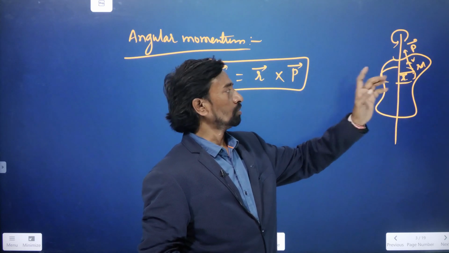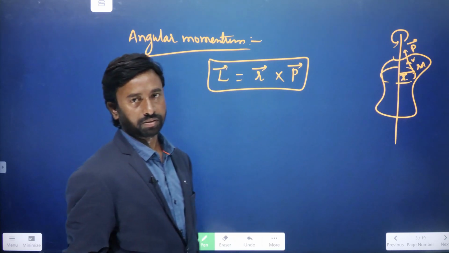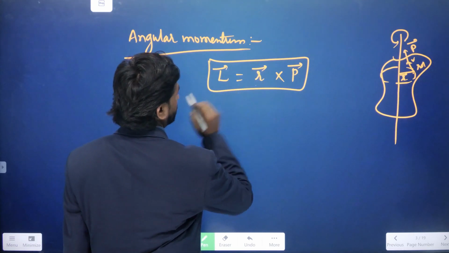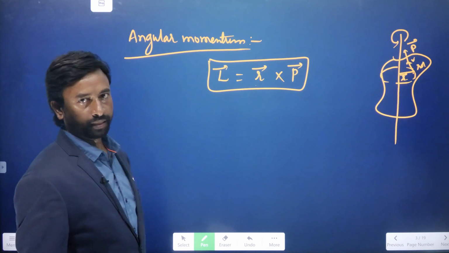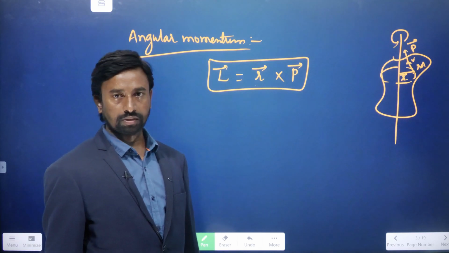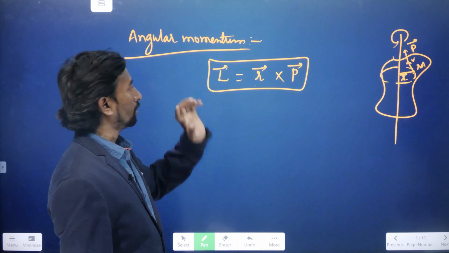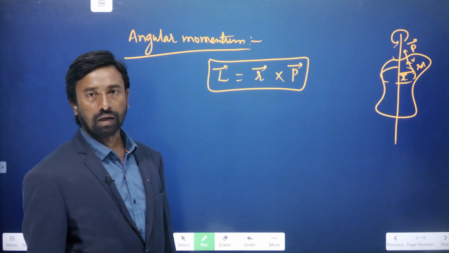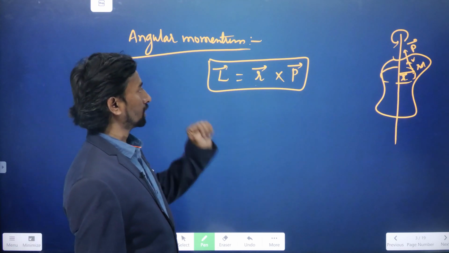The cross product of the perpendicular distance and the linear momentum acting on the body is the angular momentum. It is denoted by the capital letter L bar, and it is a vector quantity.